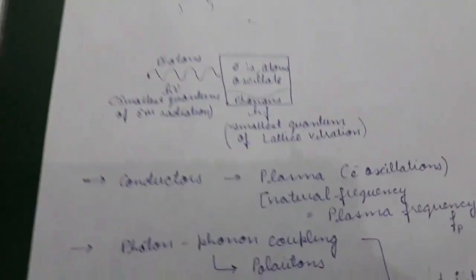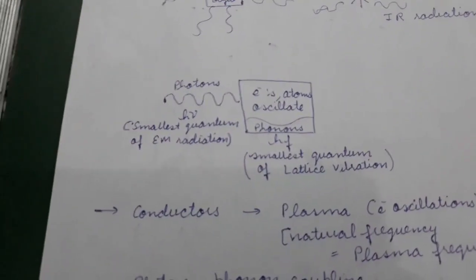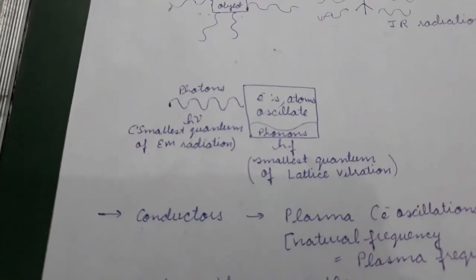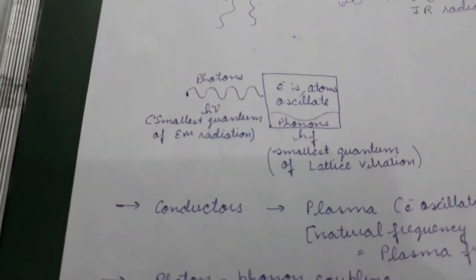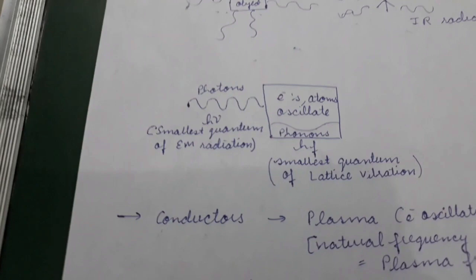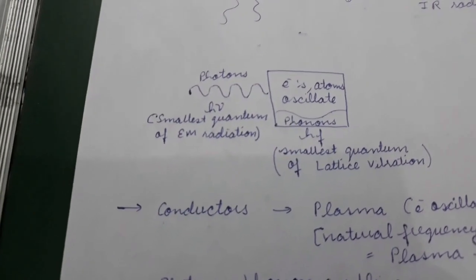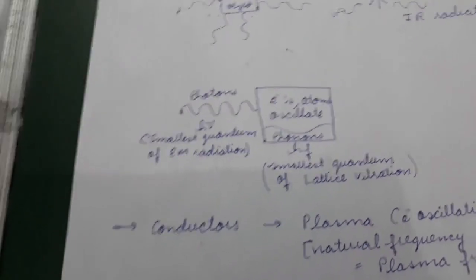So if a photon is incident on a material, let us say a solid crystalline material, then, as we discussed in plasma when we talked about electrons oscillating in a metal, the electrons oscillate with some natural frequency.